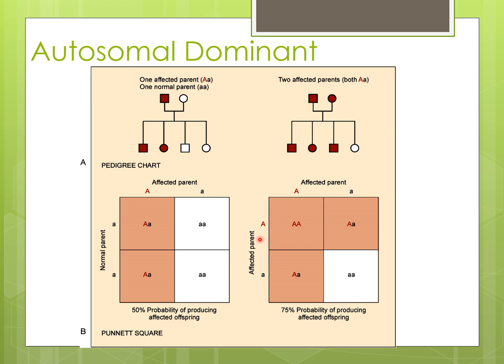So 25% are homozygous for the dominant trait, 50% are affected and heterozygous, carrying the dominant and recessive alleles, and the remaining 25% of the offspring are unaffected and homozygous recessive. This plays out once again when you look at the pedigree.